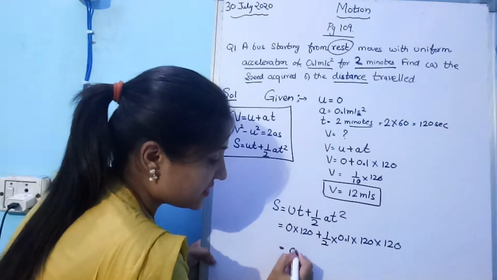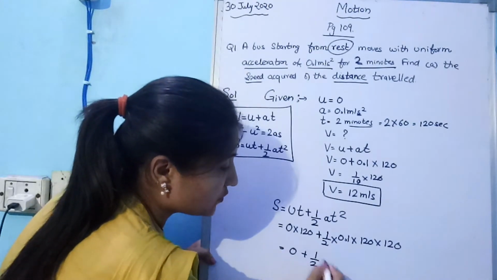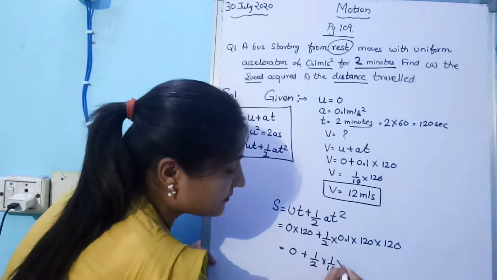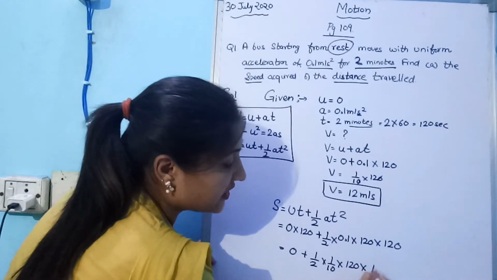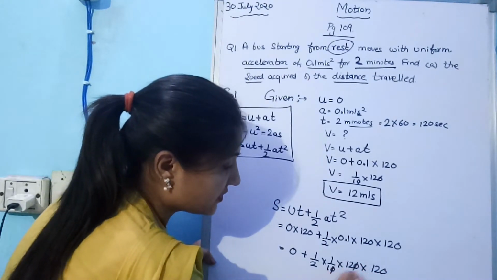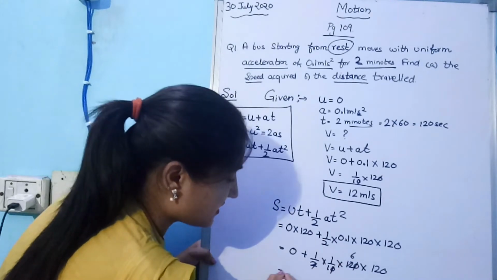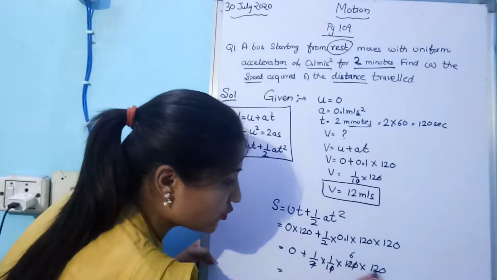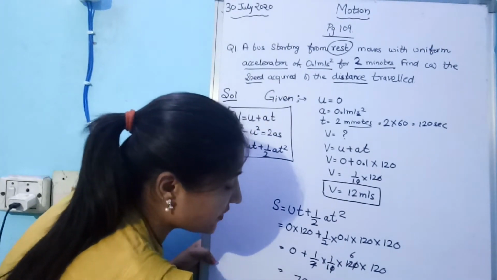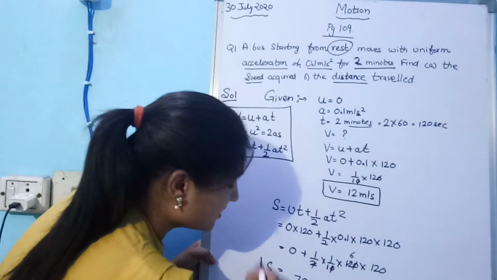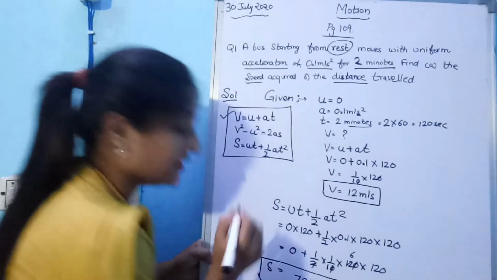That is 0 plus 1 upon 10 multiplied by 120 into 120. Answer is 6 into 120, that is 720 meters. So the distance is 720 meters.